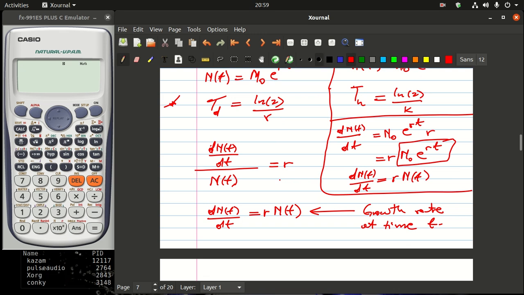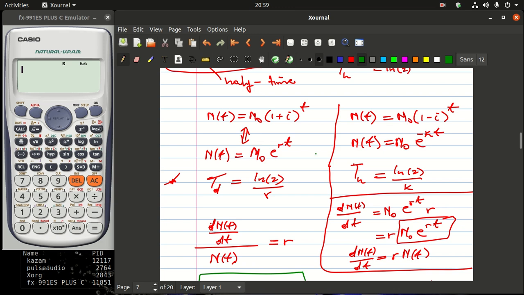So we have some nice equations here. I'm just going to make them blue and green. This is our growth rate at time t, and then we also have this, which is the doubling time, or the time it takes to double, and this one here we call the half-life.